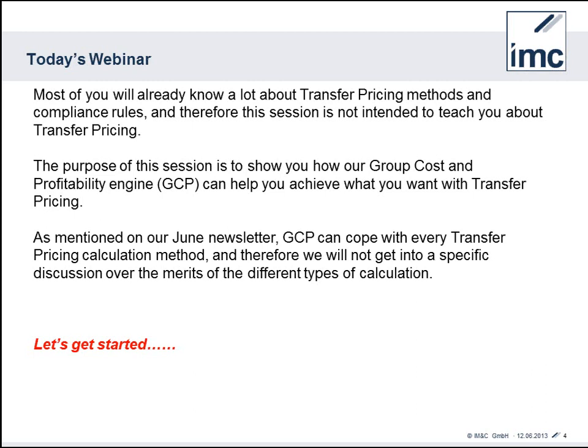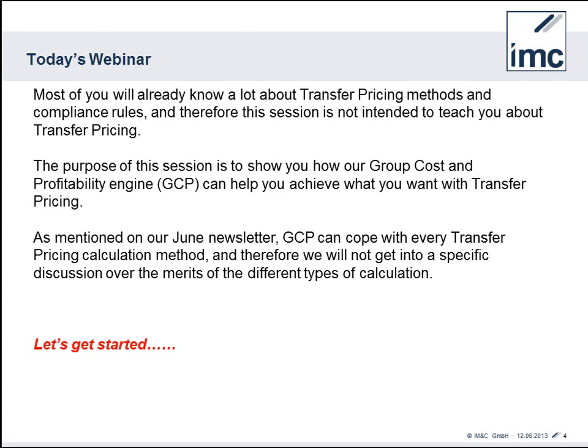Our Group Cost and Profitability engine, as was mentioned in our newsletter last month, essentially is an SAP add-on and is capable of aggregating and calculating data that are coming directly from ERP systems, so data that are extracted from ERP systems.